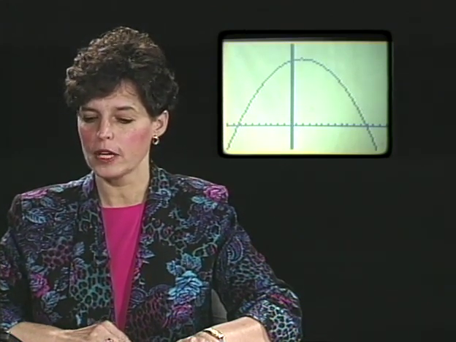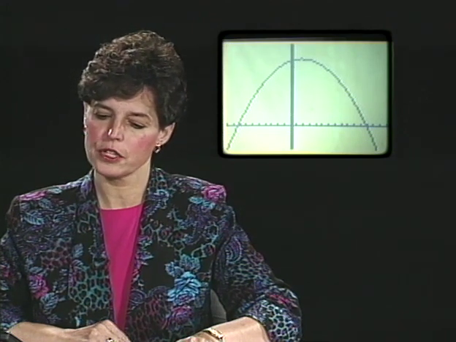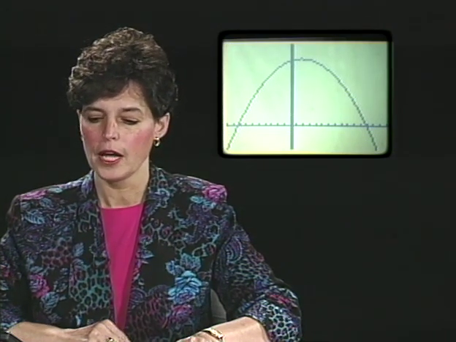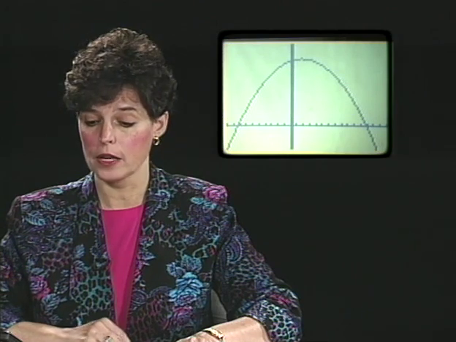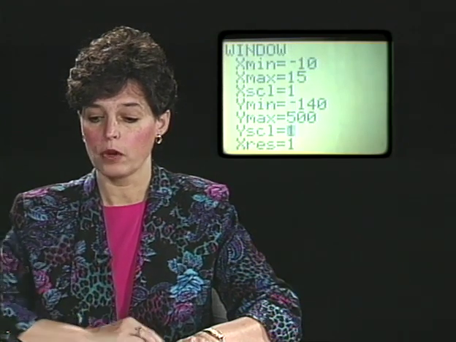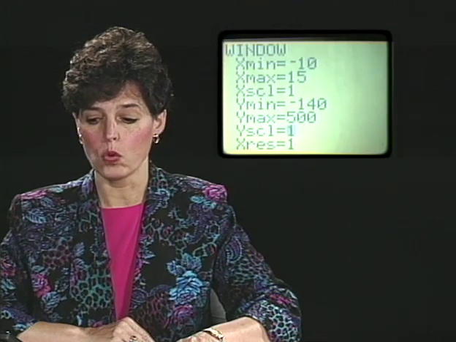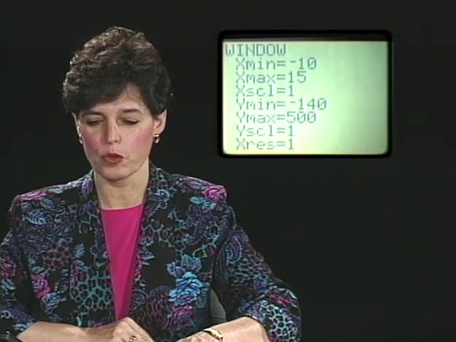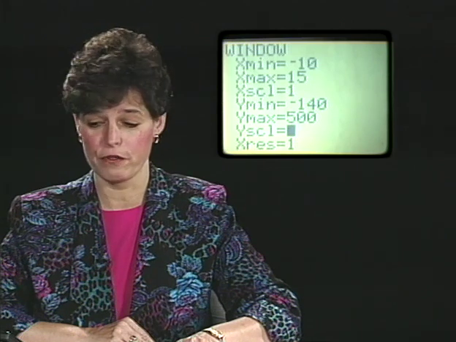The only thing now that I think I'd like to change is the fact that there's such a thick line in the middle there, and that's because of the scale on the y-axis. So let's go to Window and do one more change. Notice that the y scale is still 1, and what our calculator is trying to do is put a tick mark at every 1, and that's going to be pretty hard when the y-axis is going from negative 140 to 500.